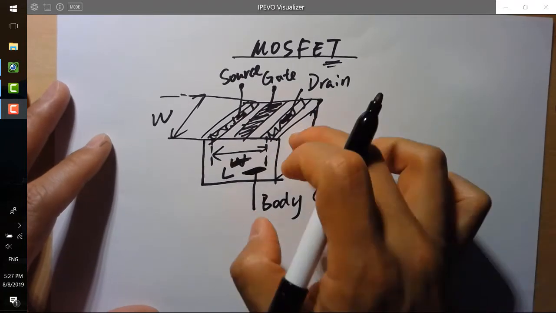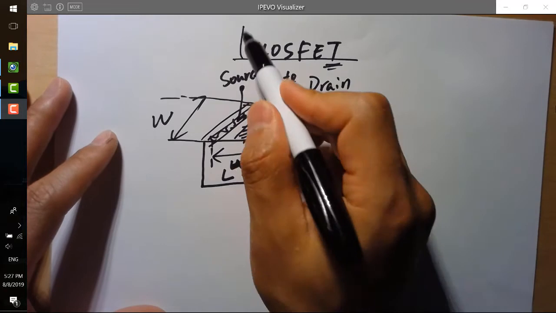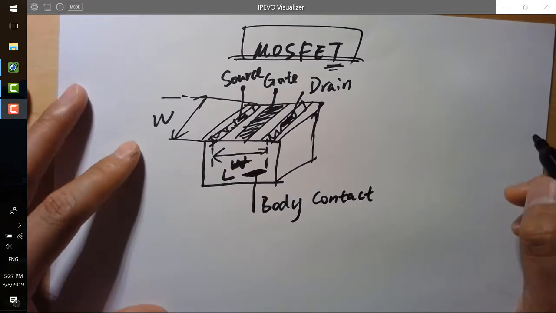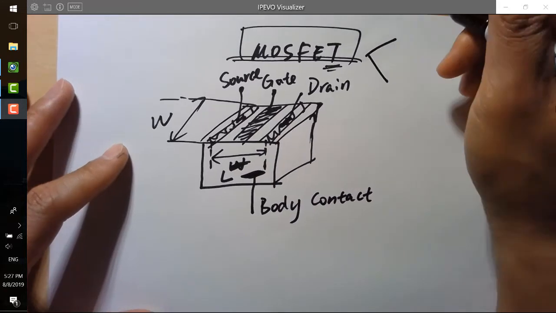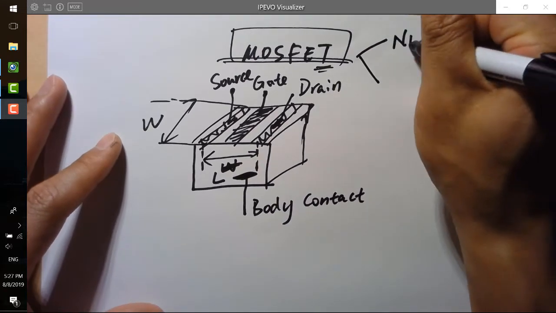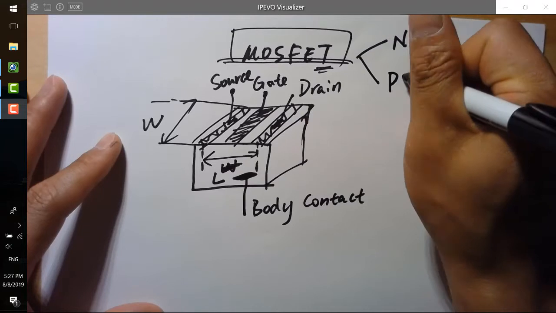There are two types of mainstream MOSFET in a device. One is called NMOS, one is called PMOS.